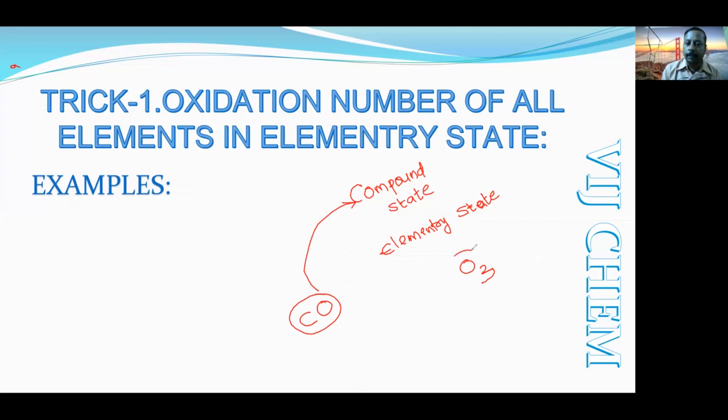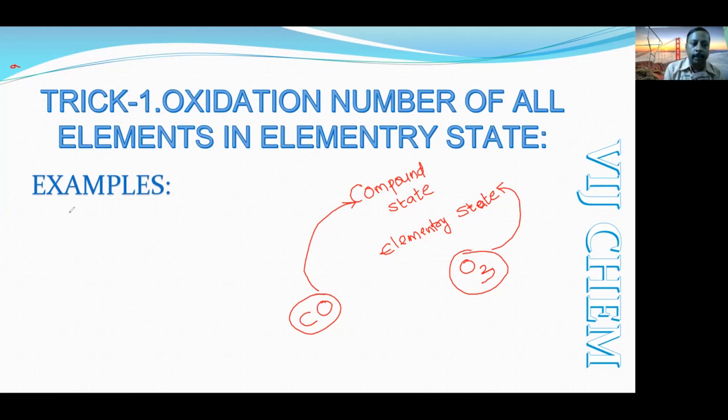Here, three oxygen atoms are there, but the type is only one, therefore it is called the elementary state. There is no restriction on the number of atoms, the restriction is only on the type of atoms. Any substance which contains only one type of atom is called the elementary state. Any substance which contains more than one type of atom is called the compound state.